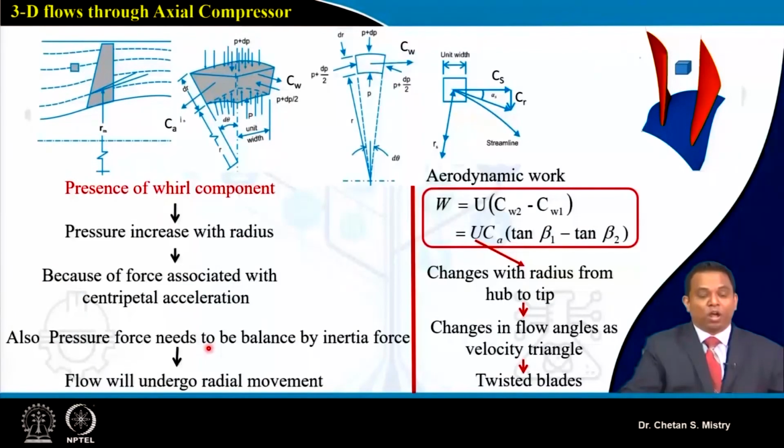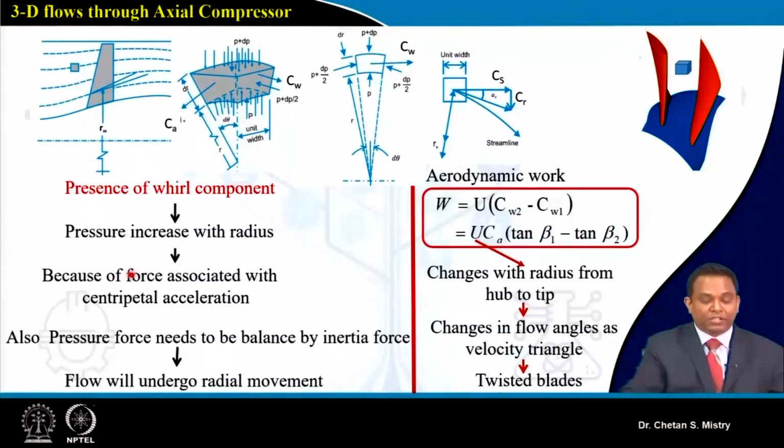Now, for our understanding of the three-dimensionality of flow, the presence of the whirl component leads to an increase in pressure along my radius.